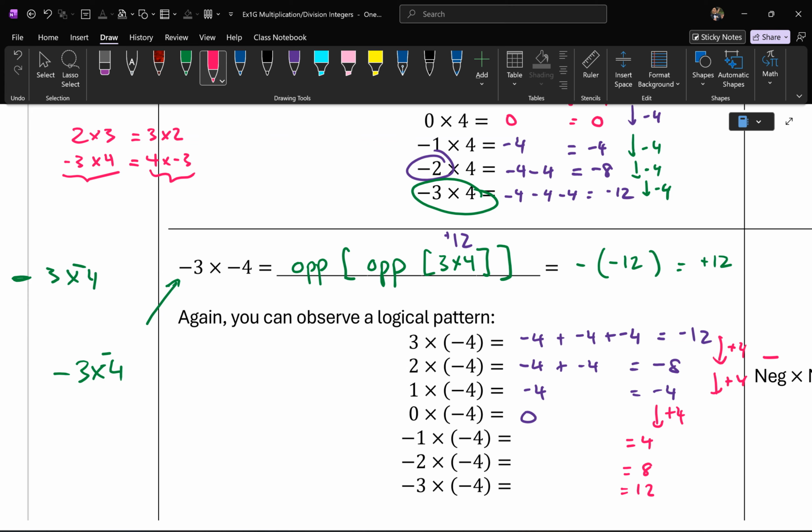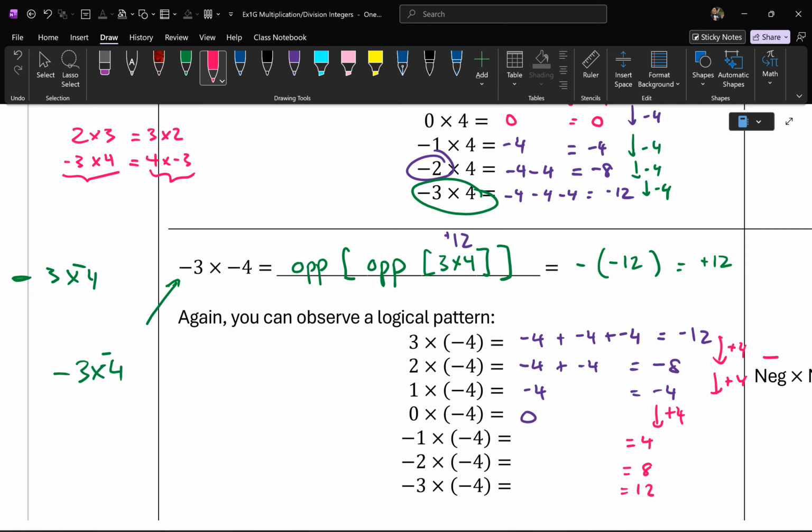Now, what's a scenario? So if this is you going gambling and you're losing money, this is you removing the debt. So if you owed $4, there's one day where I'm like, forget about that debt. This one is me saying, remove 2 days of debt. This is me saying, remove 3 days of debt.